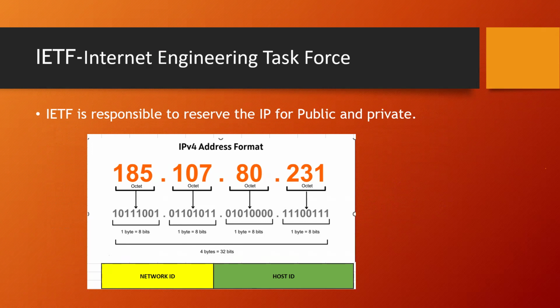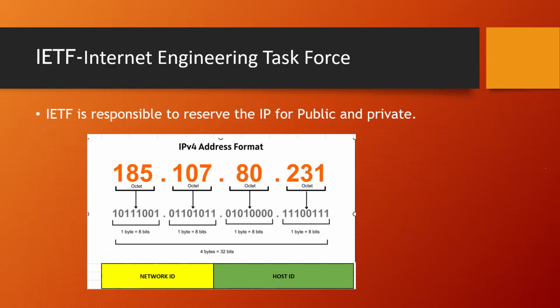It is responsible for deciding which IPs are reserved for private and which are reserved for public. But how do they decide which IP address is going to be public or private?